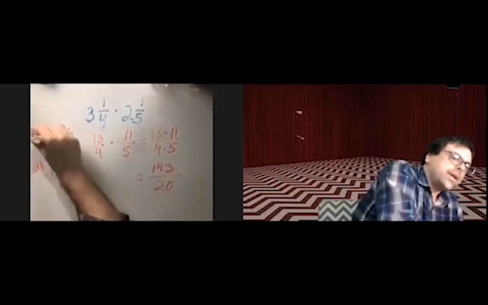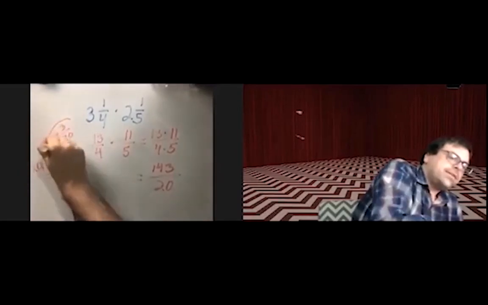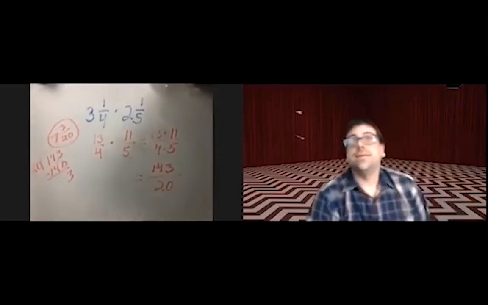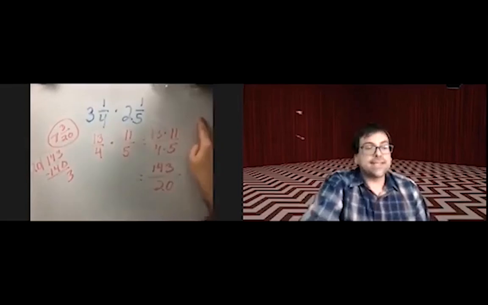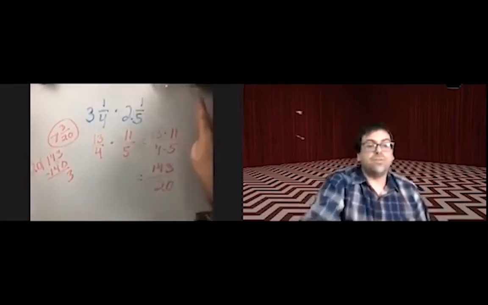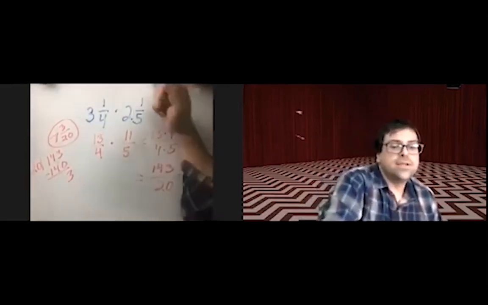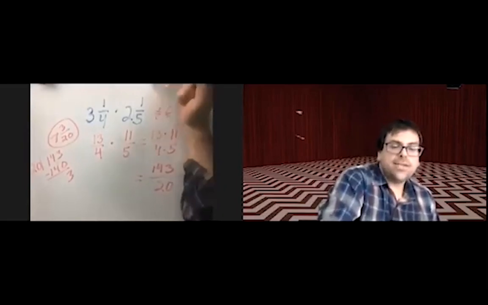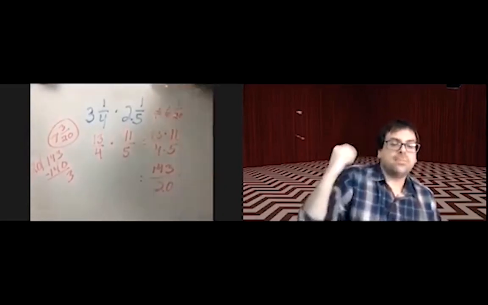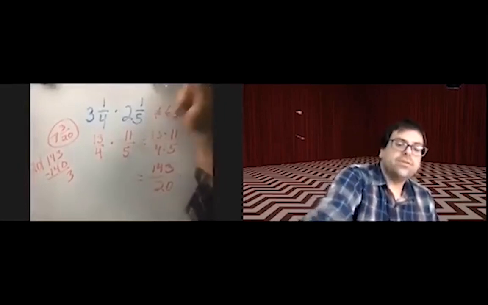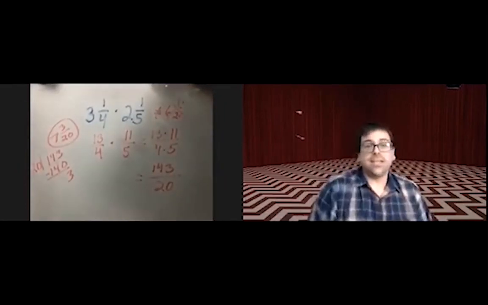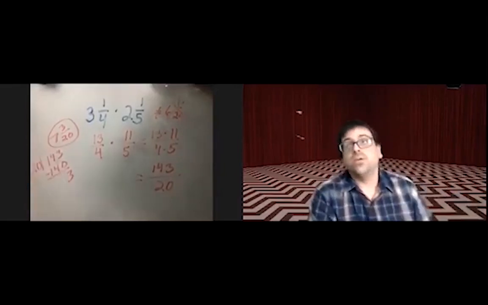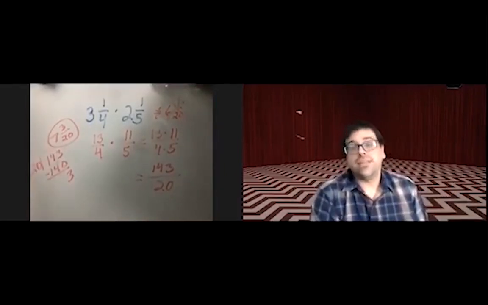That goes over 20. 7 3/20. Not 3 times 2 is 6, 1/4 times 1/5 is 1/20. It's not 6 1/20. Absolutely not. Never. You cannot multiply the whole numbers, multiply the fractions, and get the correct answer. The only correct answer is 7 3/20.